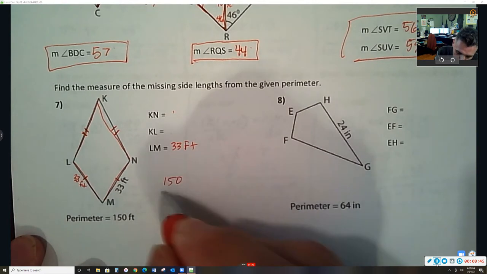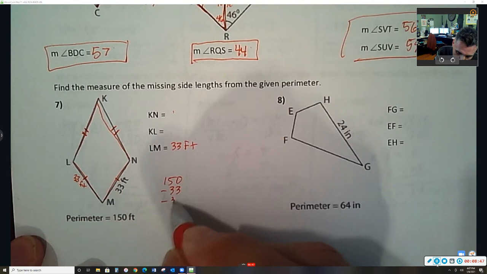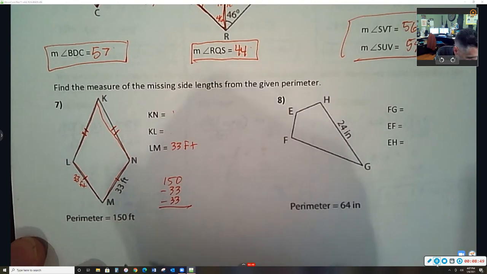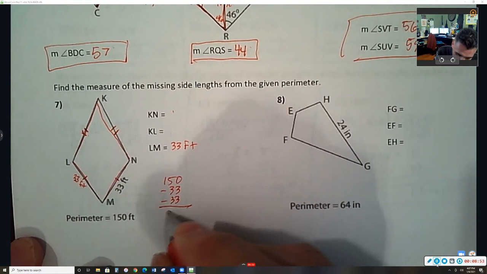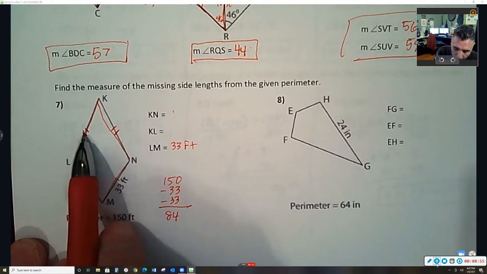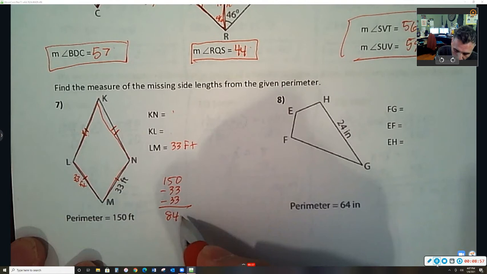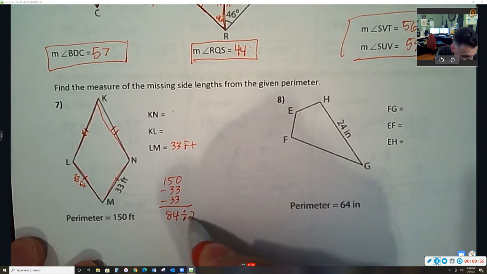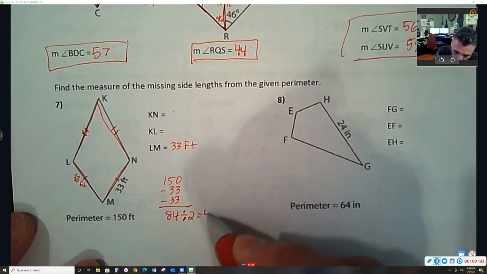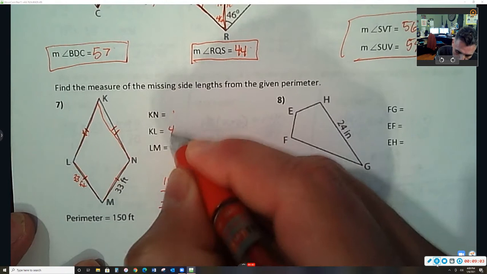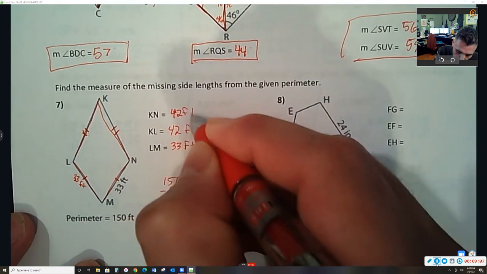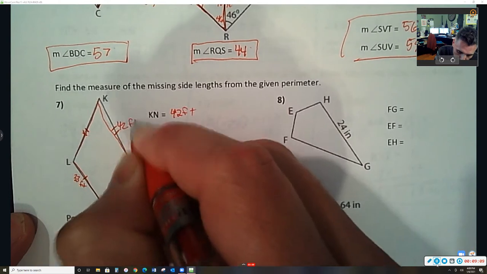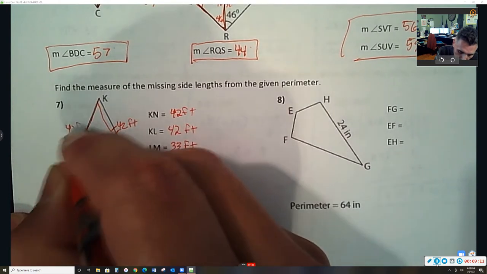So if I take 150 and subtract out the 33 feet, I'm left with what's missing. Okay, I get 84. And because I have two side lengths that are equal, I'm going to take the 84 and divide it by 2. Well, that's 42. So that means I know each of these is 42 feet. This is 42 feet, and this side is 42 feet.